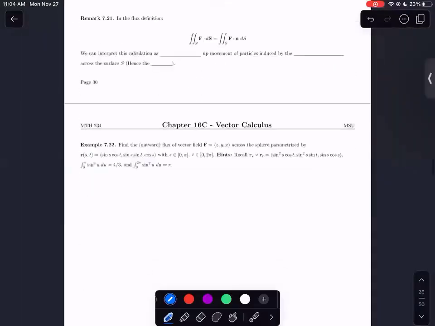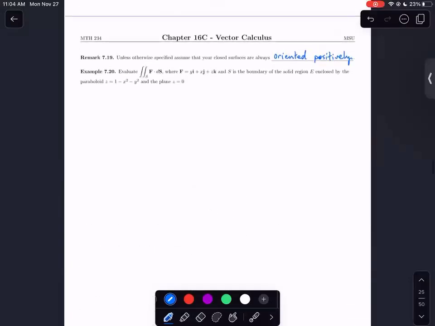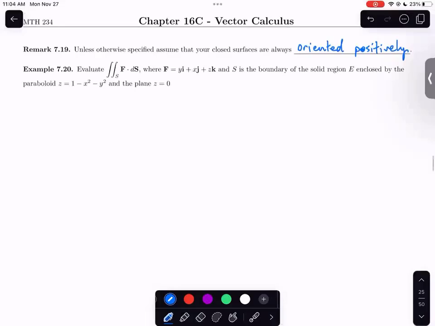All right, let me just peek here. Yeah, so we'll do this one. This is kind of our last one here. Evaluate the integral of bold F dot dS, bold S. We go on to specify what our vector field is.